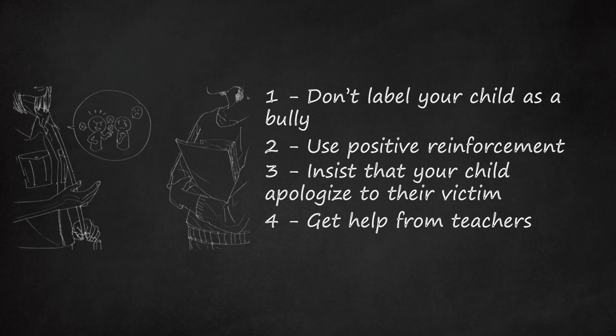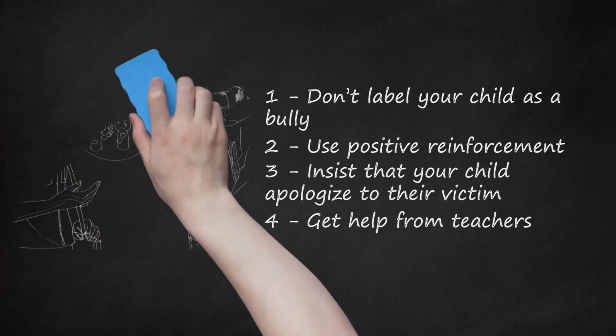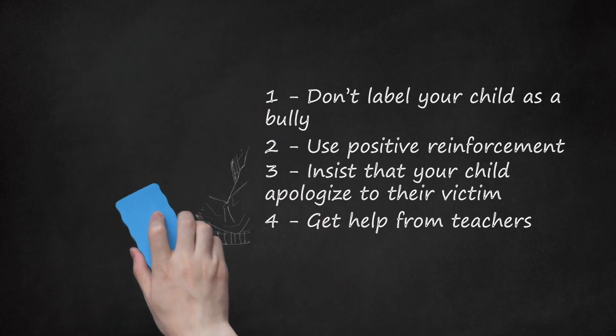Ask school personnel for advice and guidance about how to best correct your child's bullying. Many school officials will have seen similar behavior over the years and can offer valuable advice. Share potential causes of the bullying behavior with your child's teachers. For instance, if there are marital or other family problems, you should let your child's teachers know. This will help them better understand why your child is bullying.